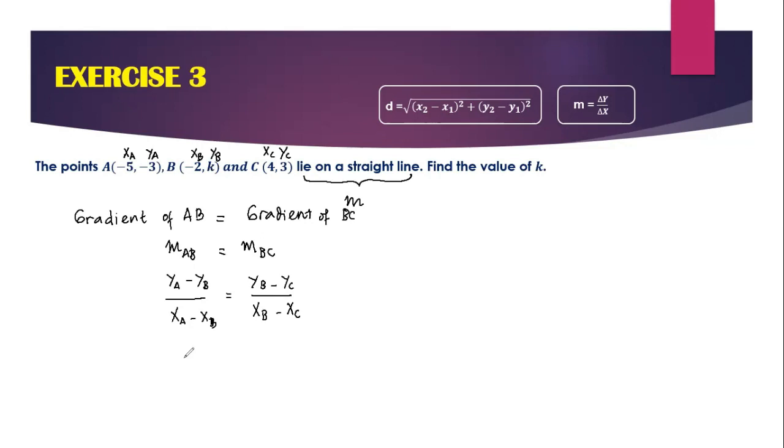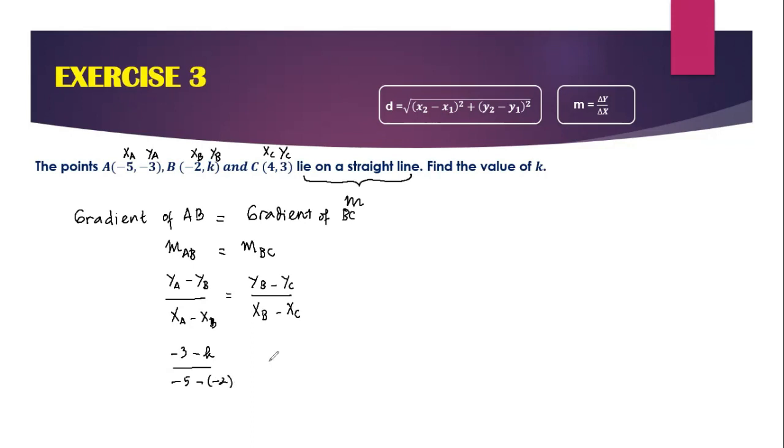YA minus 5 minus YB K, right, over XA. Sorry, I made a mistake. Sorry. YA is minus 3, right? YA minus YB, minus 3 minus K, over XA minus 5, XB minus 2.